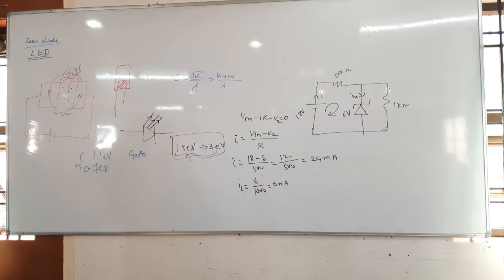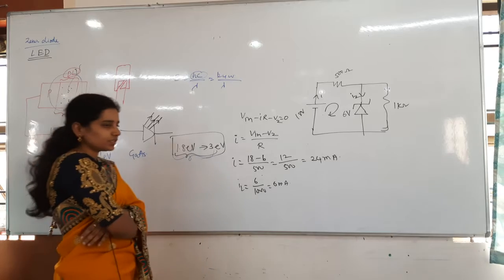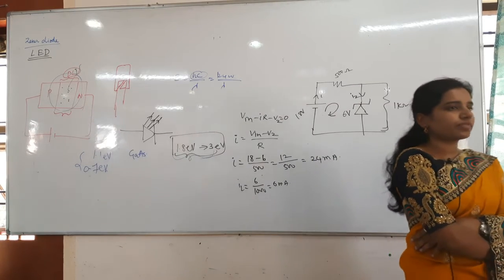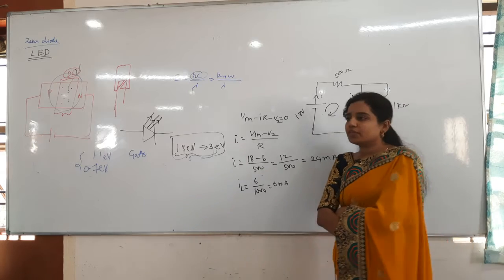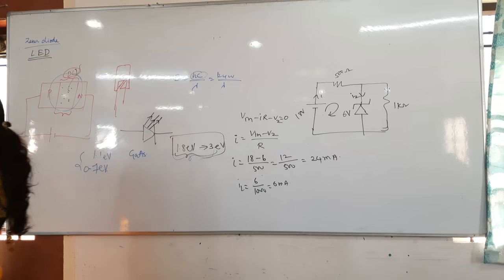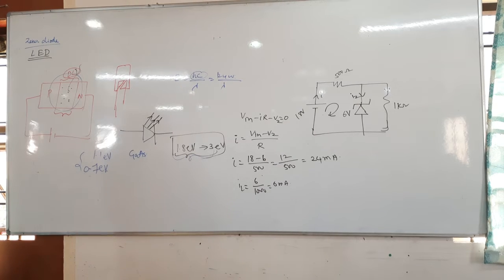In the next line, when the forward voltage increases, then the brightness of the LED also increases up to some limit.